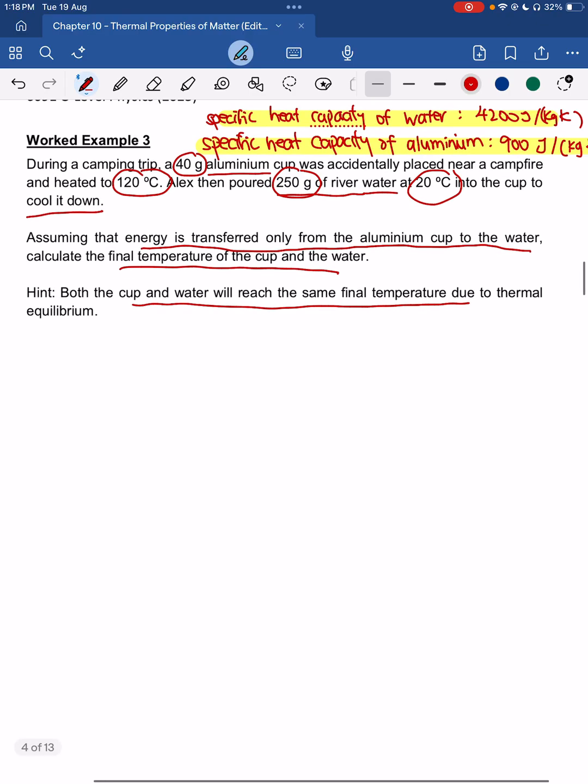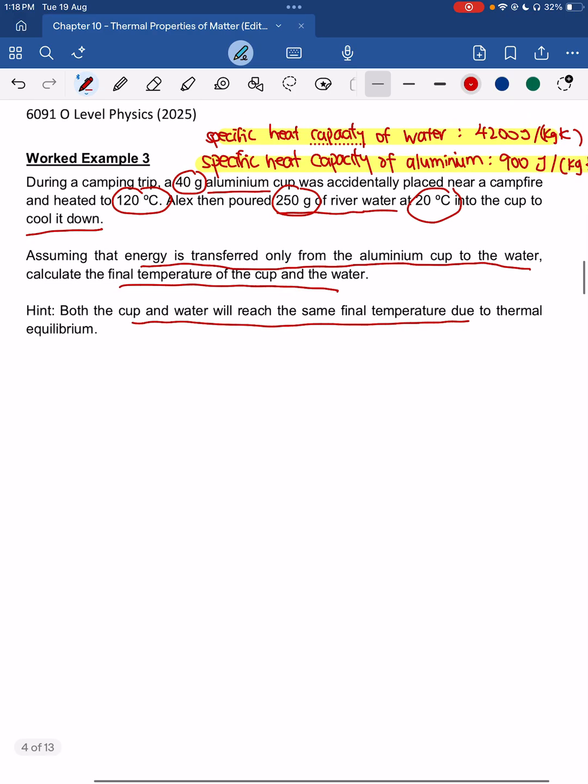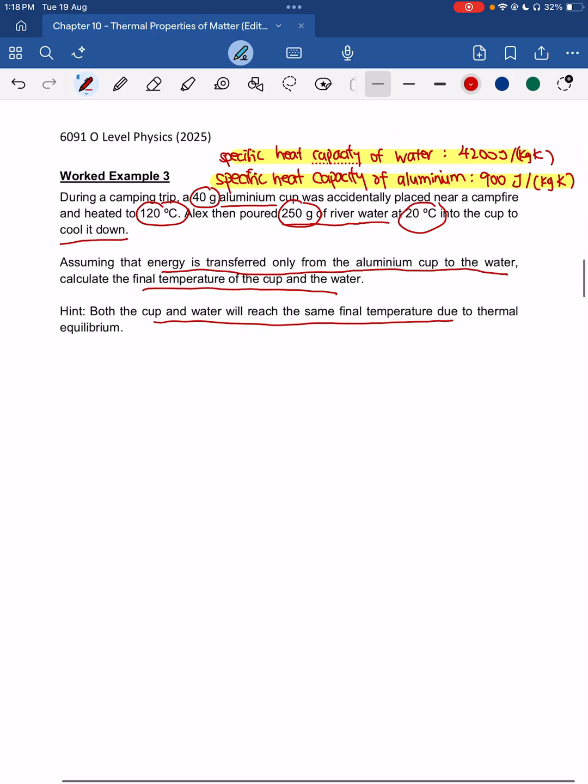Now, when you face a question like this, it is always good to try and visualize what this scenario looks like. Imagine I have a hot aluminium cup, at 120 degrees Celsius when it was placed near the campfire. Then afterwards, I pour water on it, and this water is at 20 degrees Celsius.